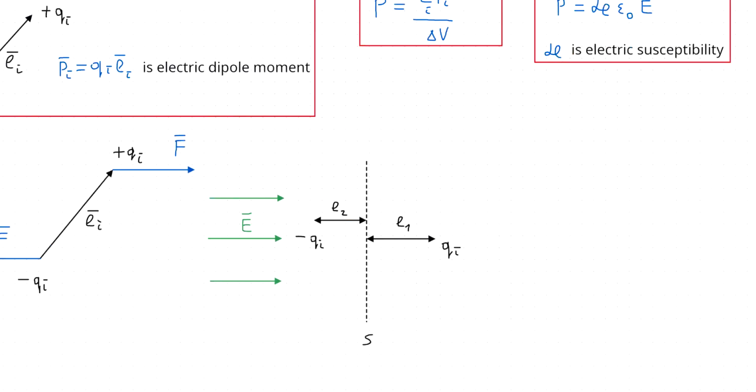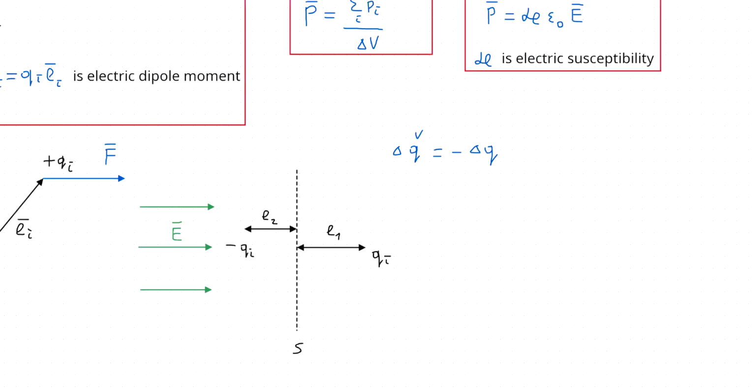This change of bound charge will be equal to minus the charge that passed through surface S. So it is necessary to calculate these charges that passed through the surface.